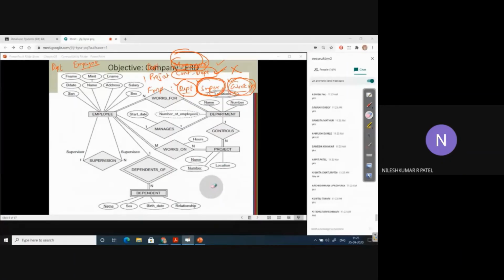Other things you can illustrate in this diagram are cardinality ratio and participation; you have to identify them also. And last thing, let's talk about this particular thing. This is a weak entity type, right?